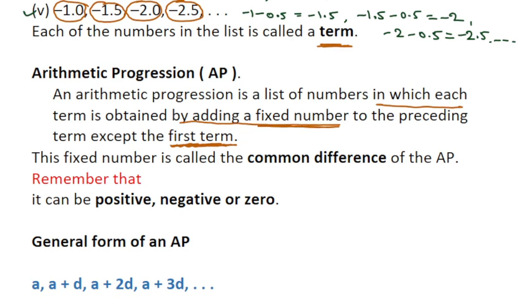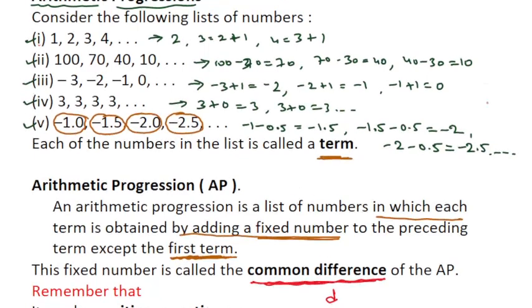This fixed number in the AP is called the common difference, and the symbol used for common difference is d. Remember that this common difference can be positive, it can be negative, or it can be 0. If you see the examples here, the common difference is positive, it is 1.